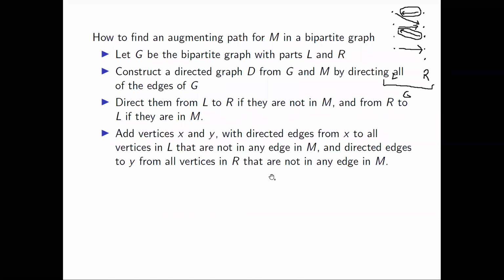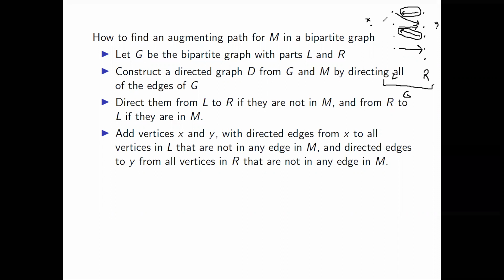Now we add some new vertices. So here we'll have a vertex X, and over here we'll have a vertex Y. Now we're going to put a directed edge from X to any vertex that is not in any edge in the matching.